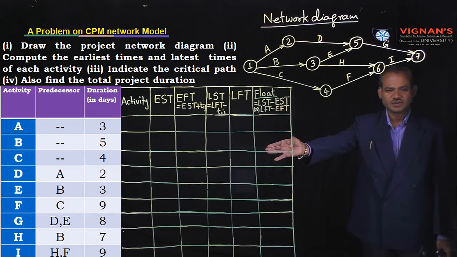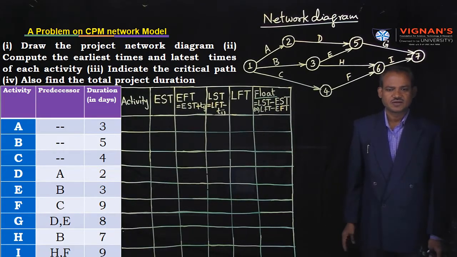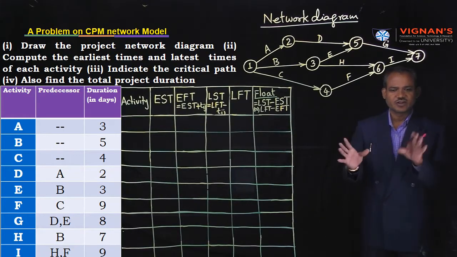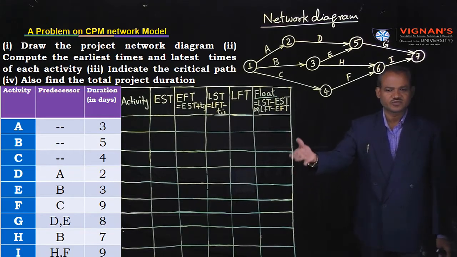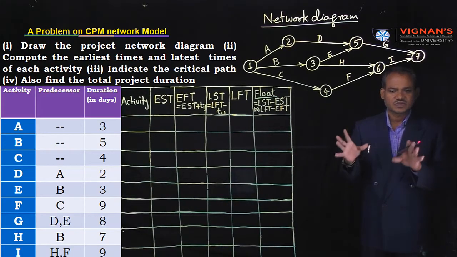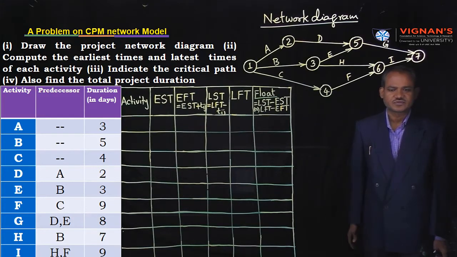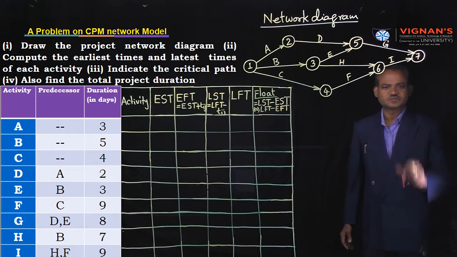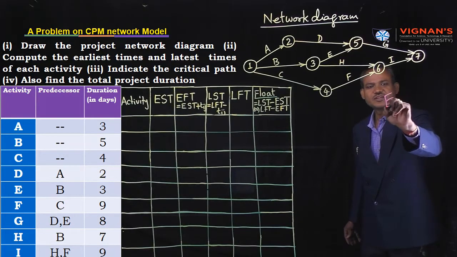Everybody should prepare a table like this. Observe this table. In this table, the first column stands for activity, and the second column stands for duration, of each activity, represented in days for this problem. Next is EST. What do you mean by EST?